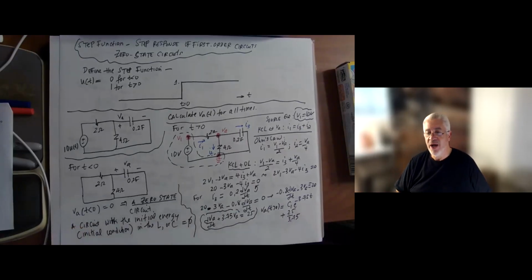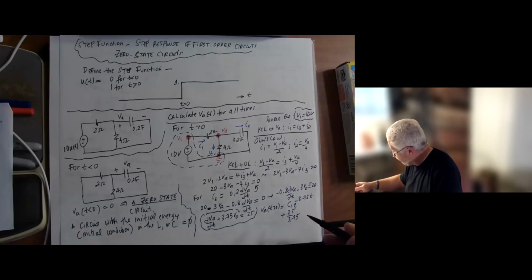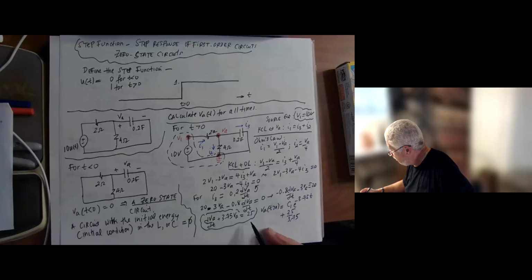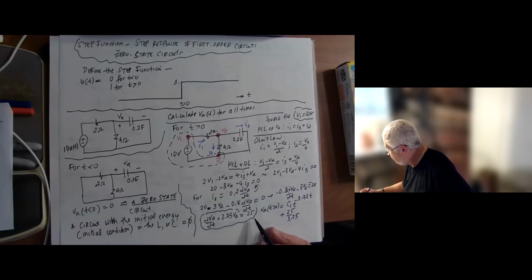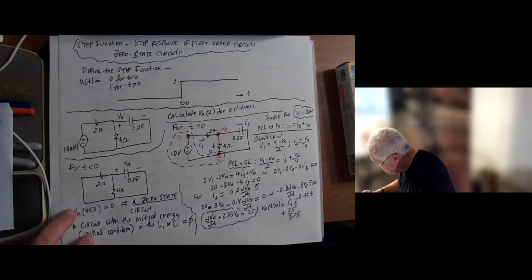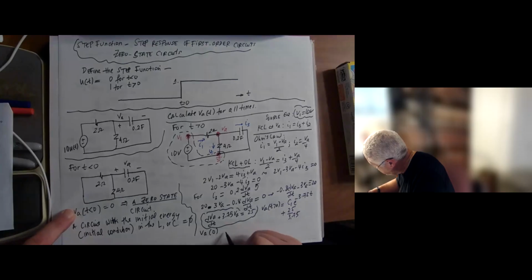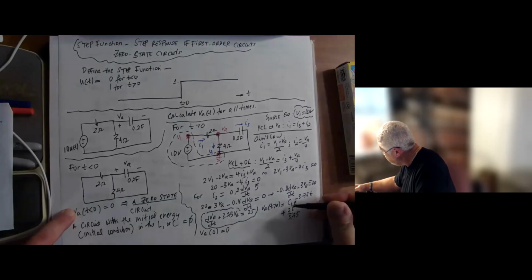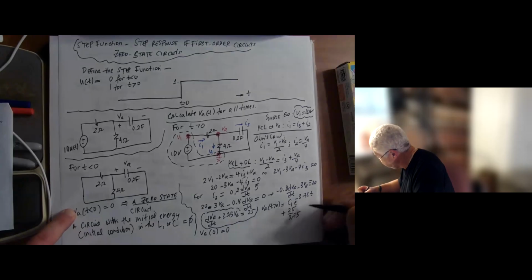So that's the solution for this system of equations: constant coefficient and constant right-hand side. At which point we're going to say VA at 0 is equal to 0, and we're going to show that C1 is minus 25 over 3.75.